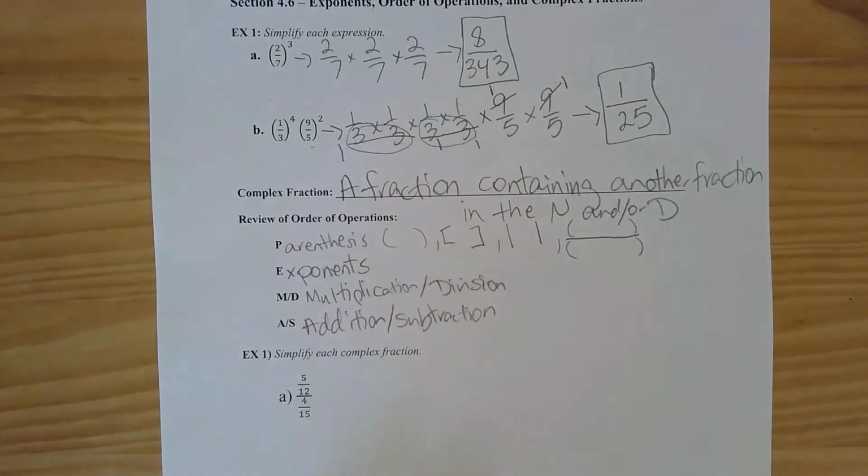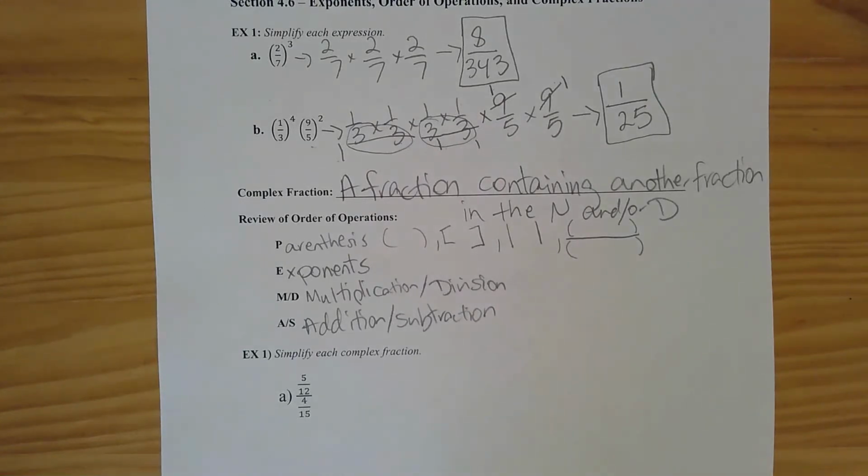Just a quick reminder that multiplication and division are on the same level. So if you have more than one of them, you go left to right. You don't do multiplication before division necessarily, you go left to right if there's more than one on the same level. Same thing with addition and subtraction. You go left to right if you have more than one of them.